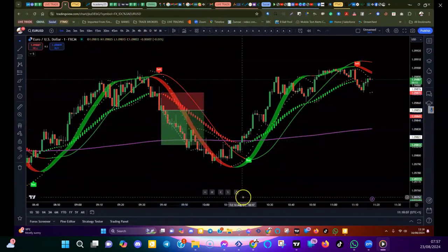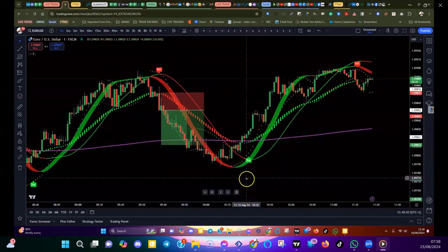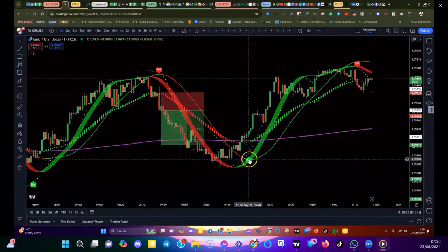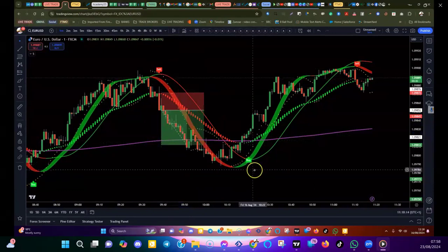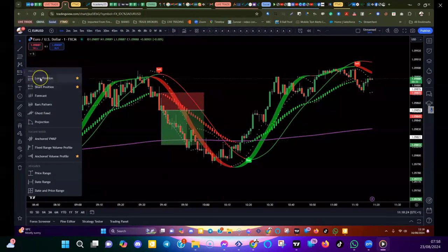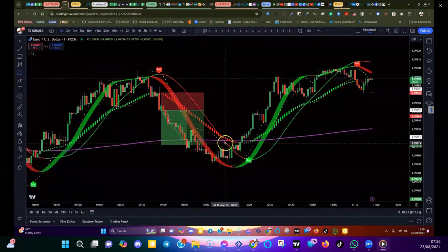And here we have the same situation, but for a buyer alert. So you get your buy alert. So you wait for the green trend line, the green volume ribbon, and the green wave. So all things are correct there. So you get your long position tool.